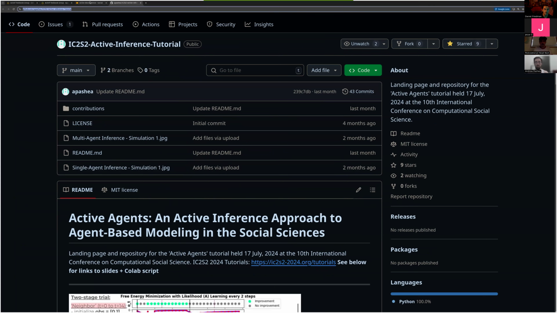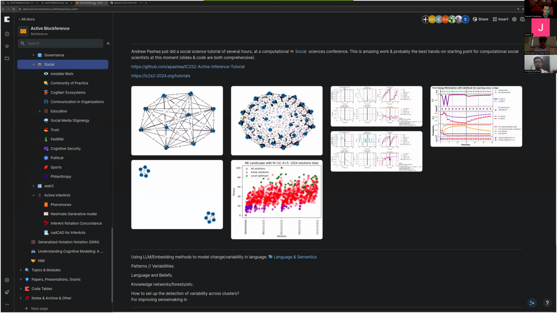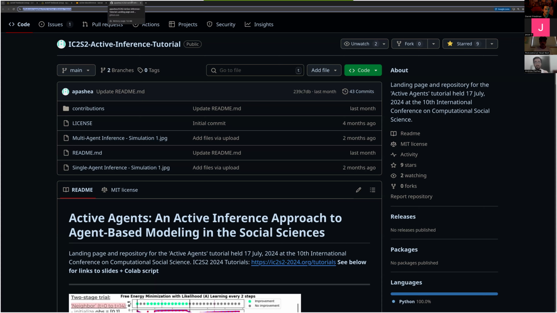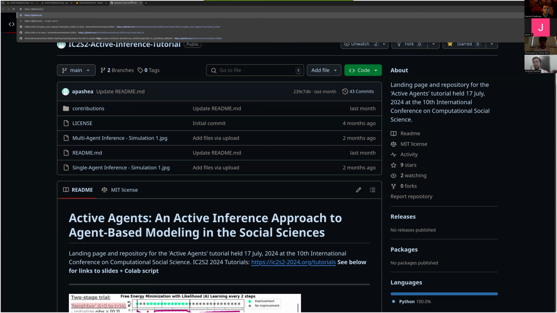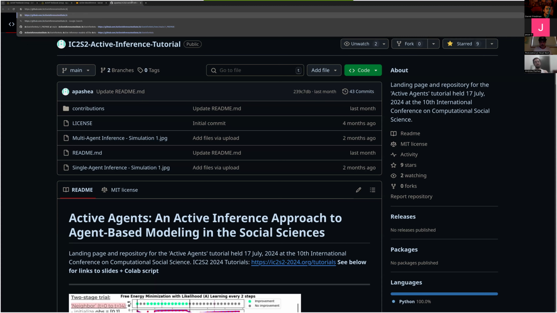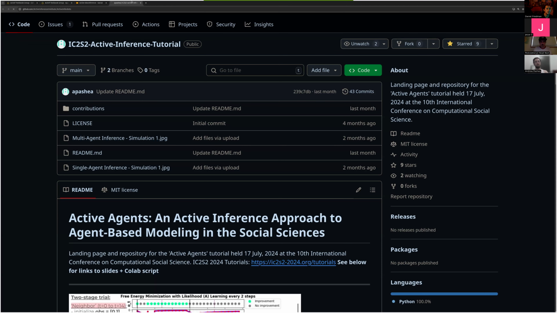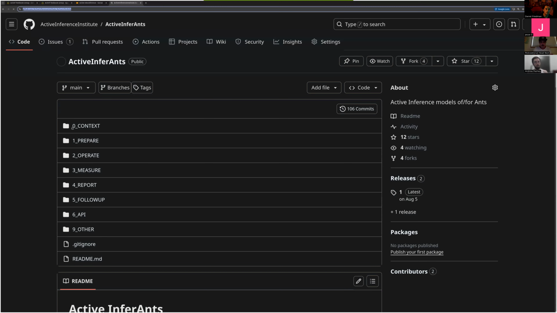Sorry, it's not the specific repo. But in any case, what I did was I just started getting into the documentation for PyMDP. I did a lot of going through their repository to make sure I'm getting things right.